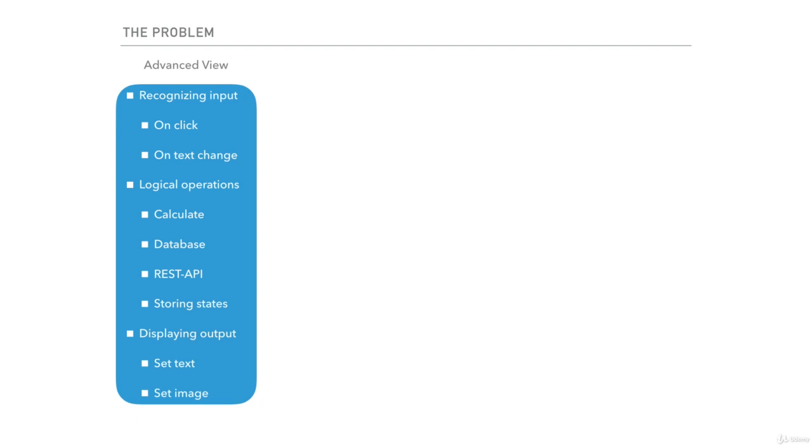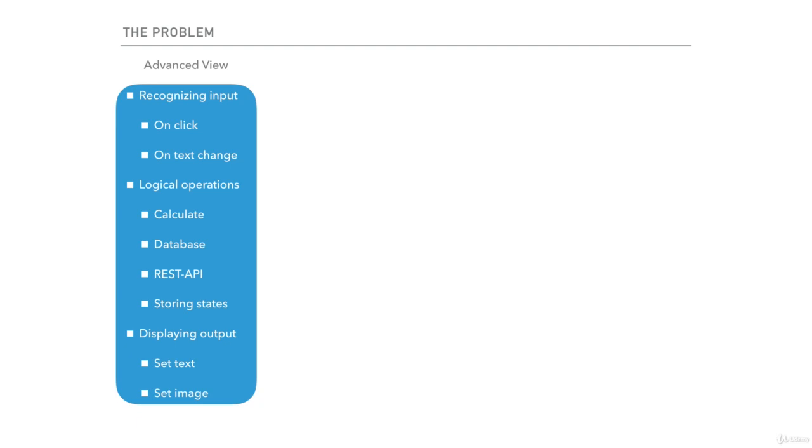But if we now have an advanced view, in most cases it's not actually a view, it's an activity, for example, or fragment, something more complex, which is, for example, recognizing multiple inputs, doing some logical operations like calculating, storing something inside a database, communicating with a REST API, or in general storing states and displaying multiple outputs, we have a problem.